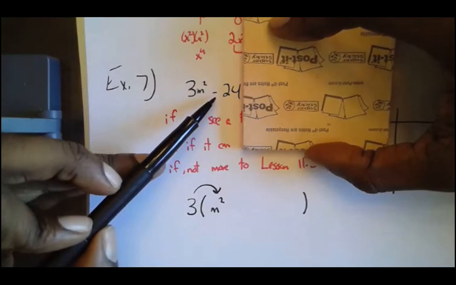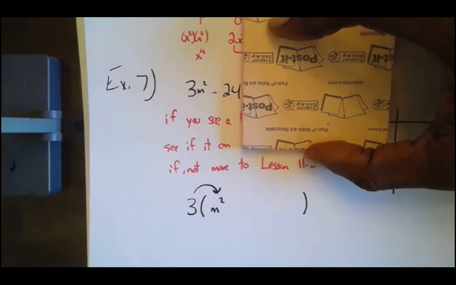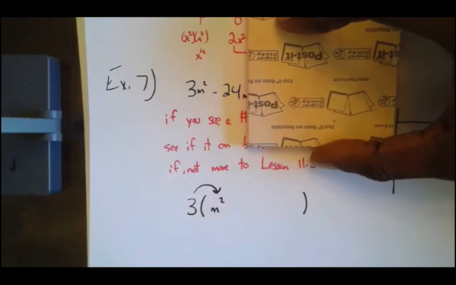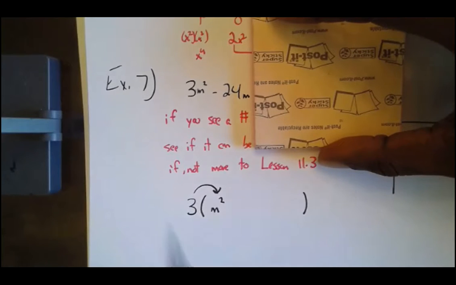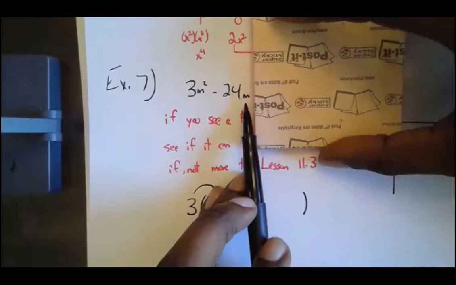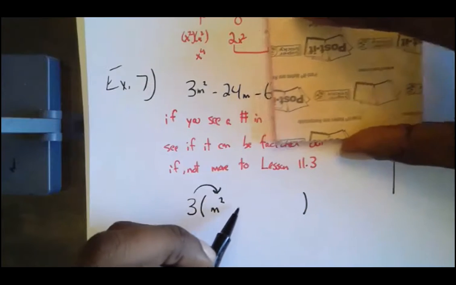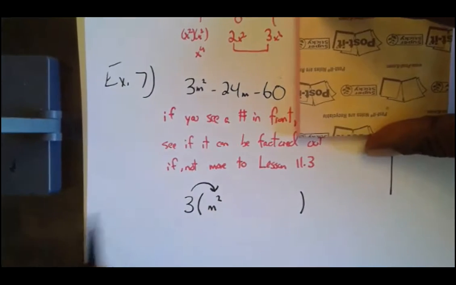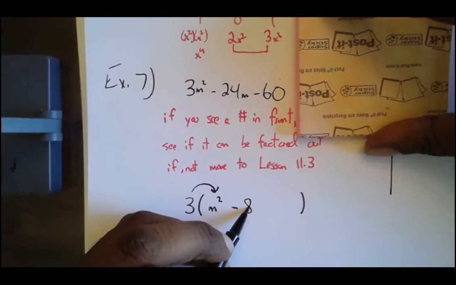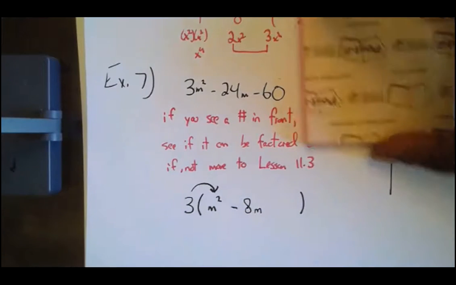So what happens when we remove 3 from 24? Or 3 times what is 24? 8, but then there's an m there too. Y'all see that? And it's minus, isn't it? m.